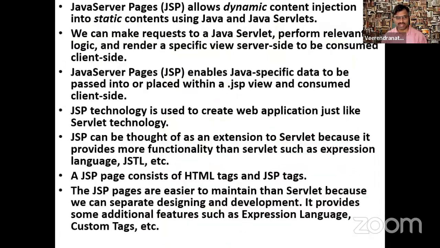To give you a clear idea, before going to our simple application, let me revise all the things. Java Server Pages allow us to have dynamic content using Java and Java servlets.